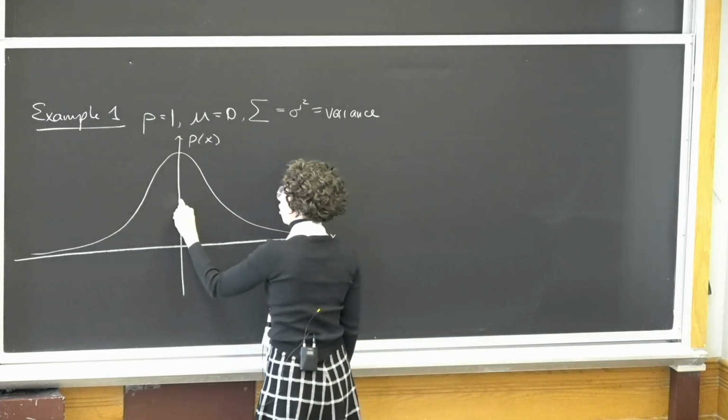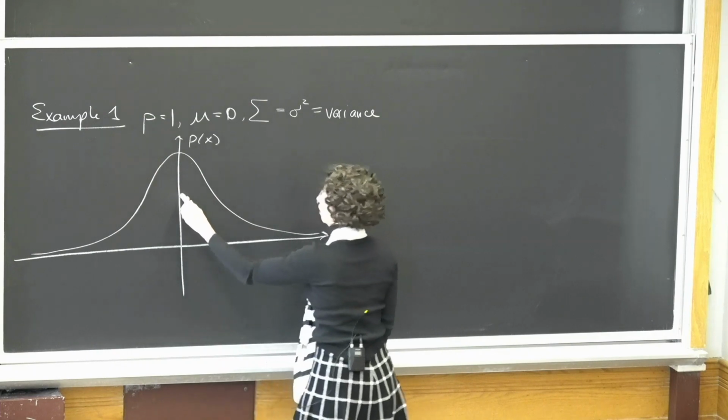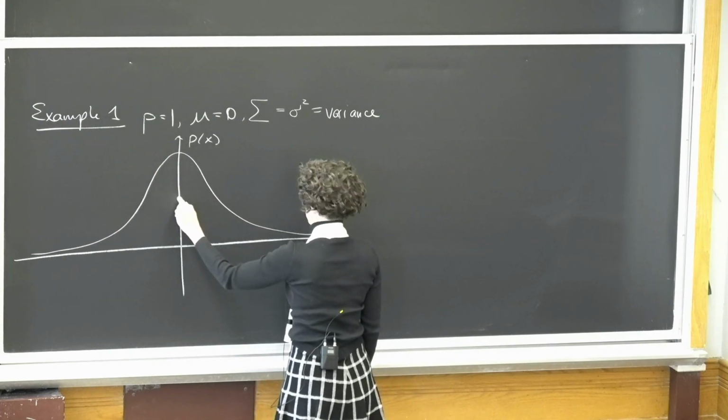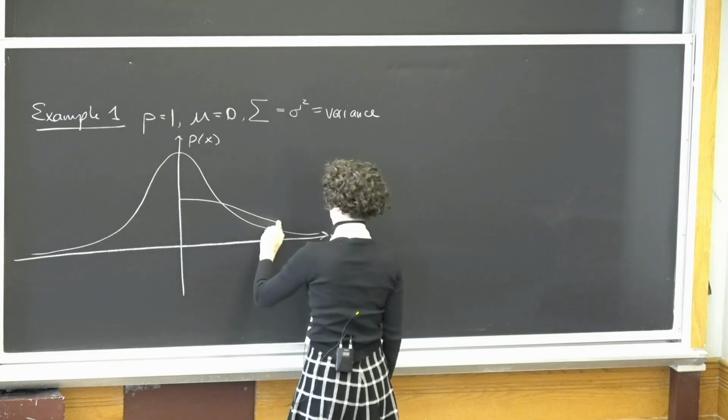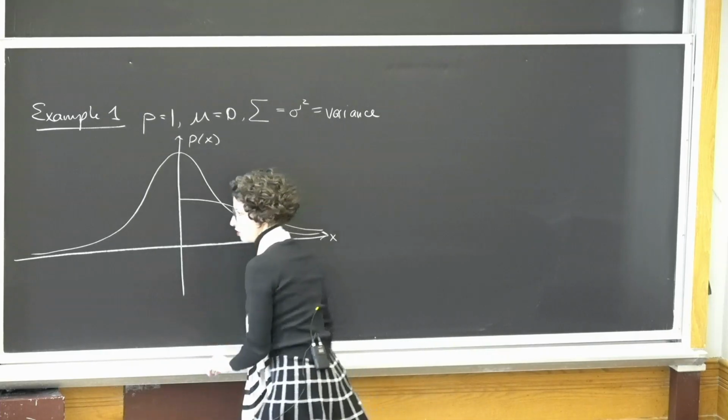And it's basically telling me what the spread is of this bell-shaped function. So I could alternatively have this same distribution, but with a larger variance, a larger value of sigma. Sorry, I'll use a different color.